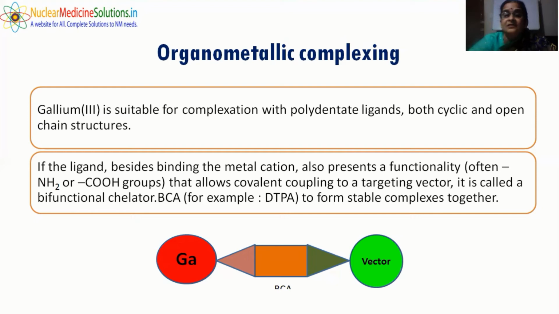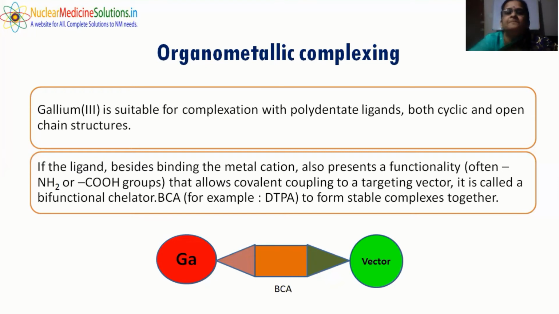Then this DTPA adds to the strength of the gallium vector bonding. That is why the BCA, or bifunctional chelating agent, can be used, which has these kinds of groups, amine groups, carboxyl groups and all that, which will form the complexes and hold the radioactive substance as well as the vector together. So this is how you can call it a mediator, which will hold the bond of gallium and vector.